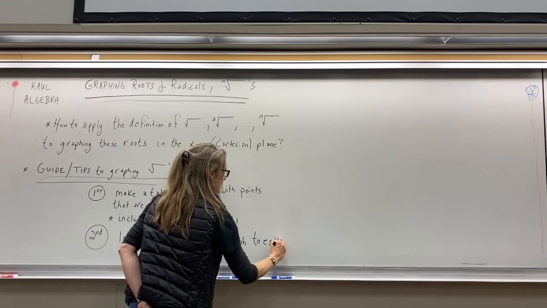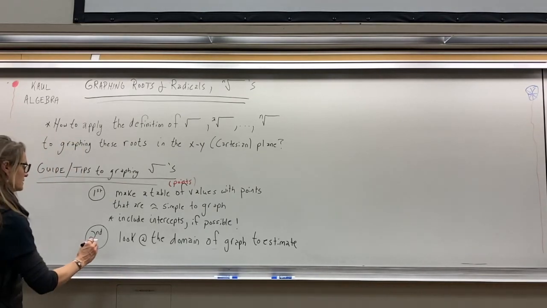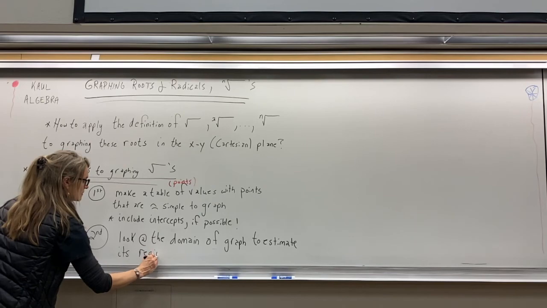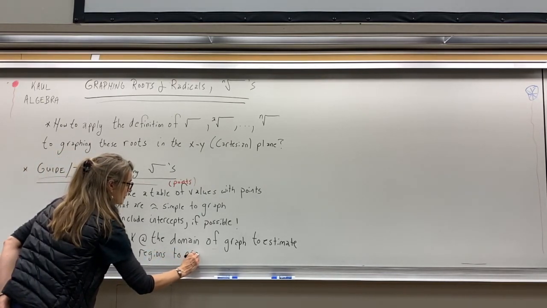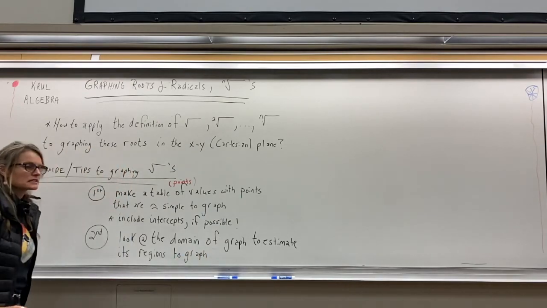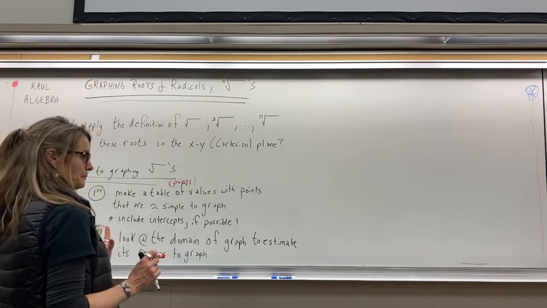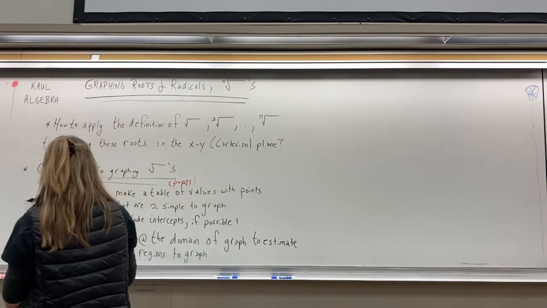The idea is to estimate its regions. You sort of want to estimate where your graph is going to exist. A little side note, if you forgot what the domain is, just a little reminder.